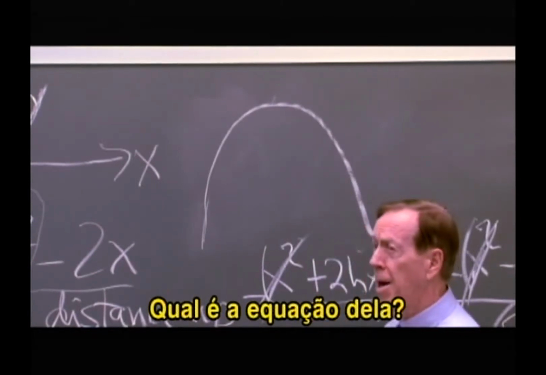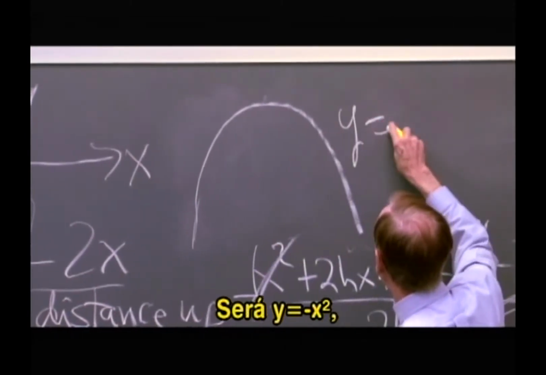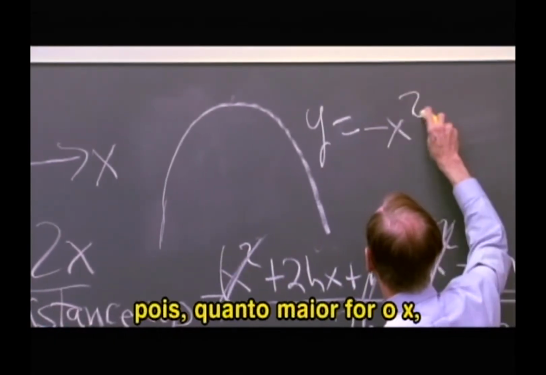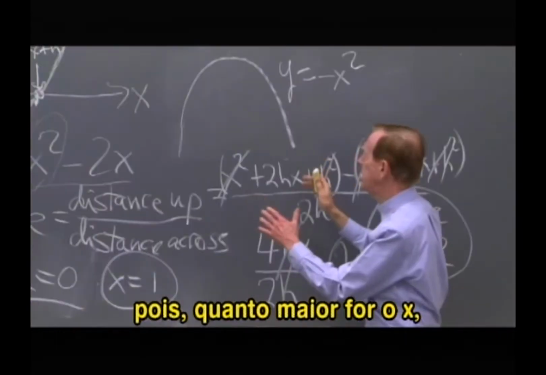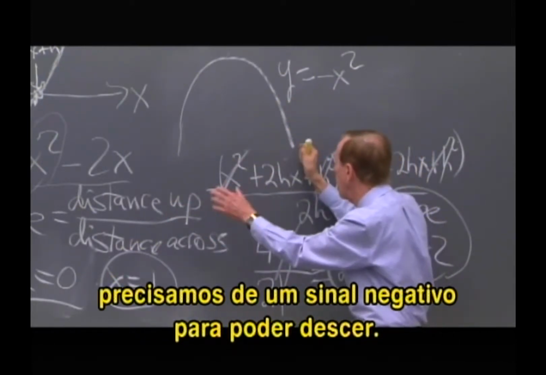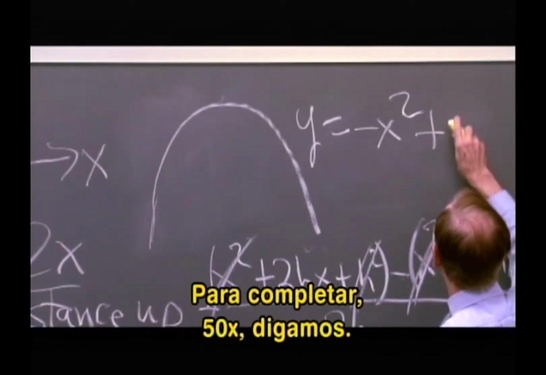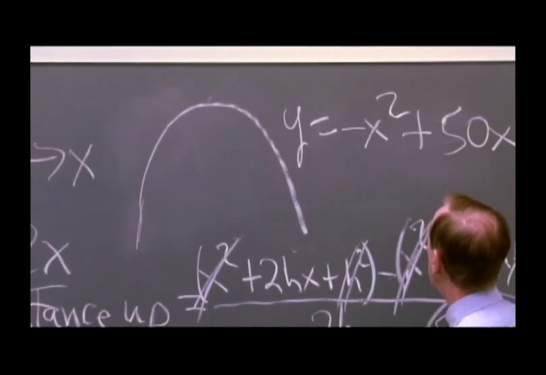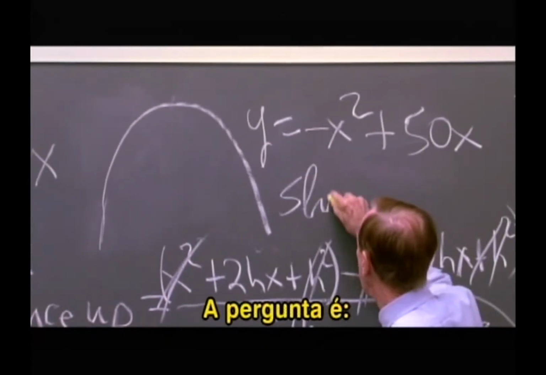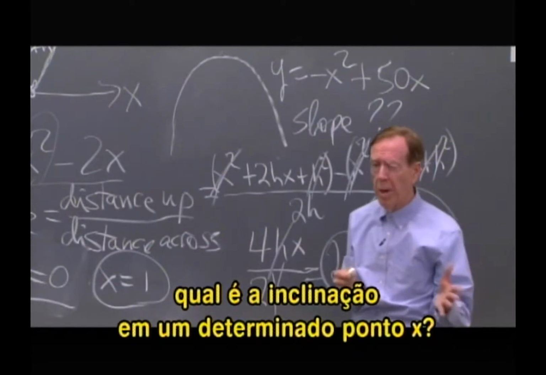What will be the equation for that? Y will be minus x squared, because as x increases, big to the left, big to the right, we need a minus sign to come downwards, plus, let me say, 50x. So my question for you is, what's the slope at a typical point x?